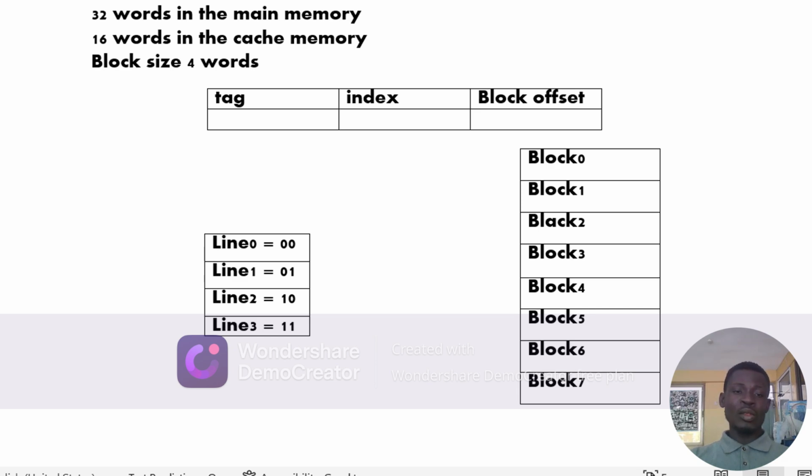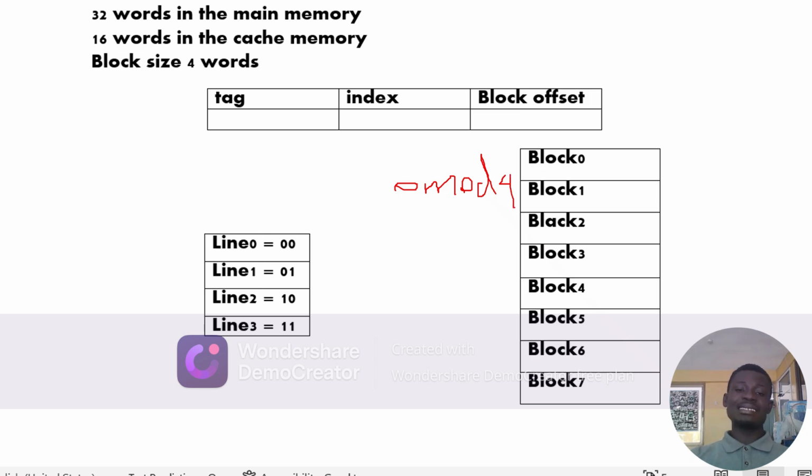The number of lines is 4. So you take the block number. This one is block 0. So 0 modulo 4, you get 0.